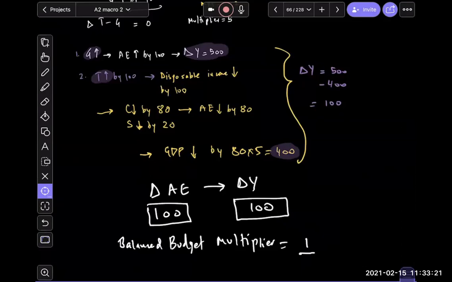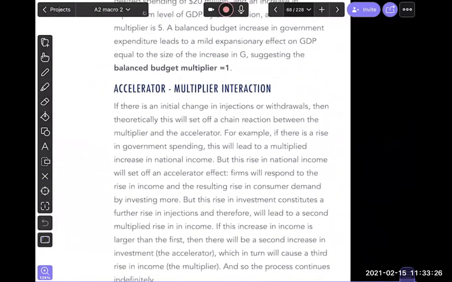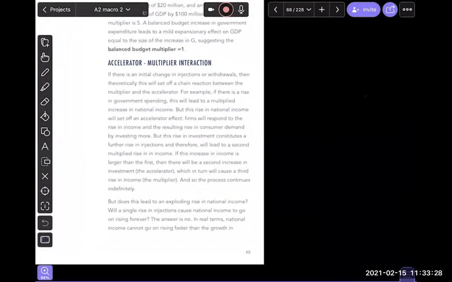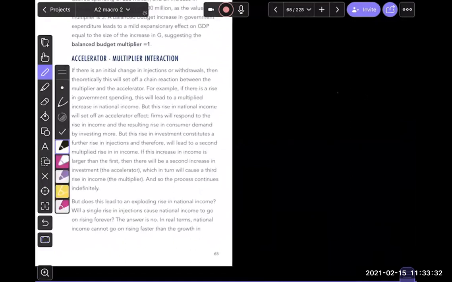Yep. Another concept that I want to do is accelerator multiplier interaction. This is an easy concept given that we've done both. Just to recap, remember what a multiplier is? Your multiplier was used to say that whenever there is a change in I, it will lead to a change in Y through the multiplier.